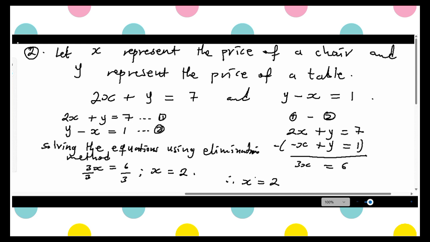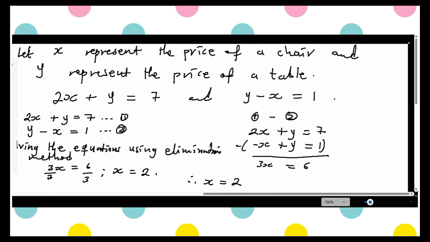To find the value of y, we can put x equal to 2 into equation 2. So when we do that, equation 2 is y minus x equal to 1.